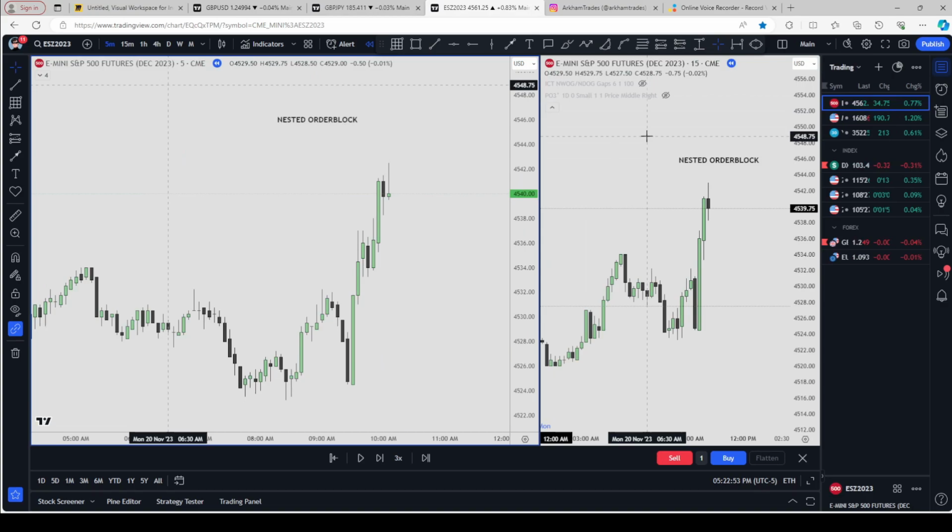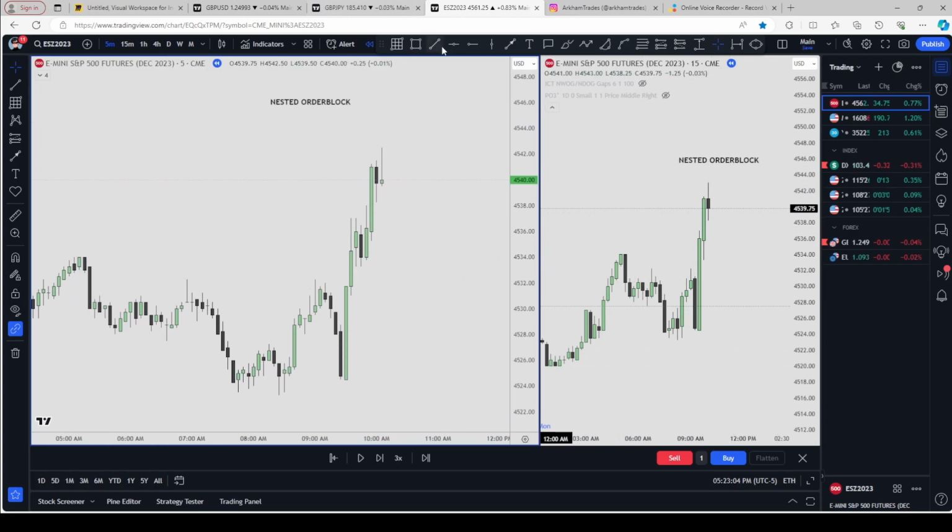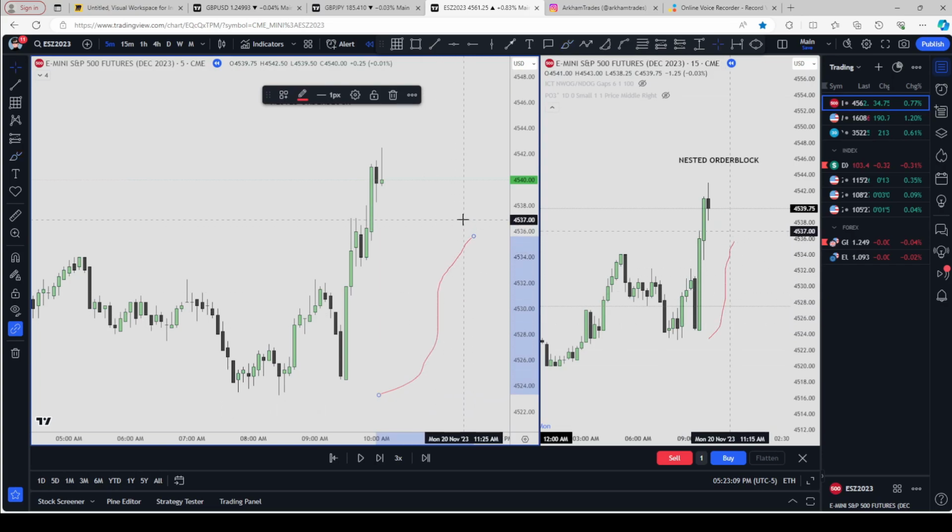Then last but not least, here we have the nested order blocks. This is essentially the order block nested inside of a higher time frame PD array. So as you can see here, overall trend on the market for the ES is higher prices.